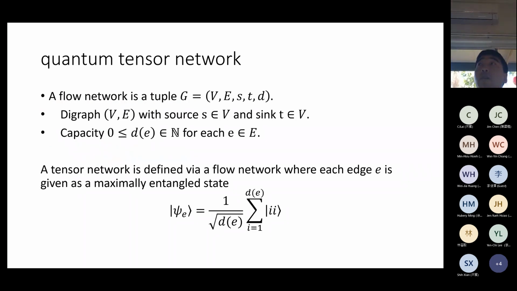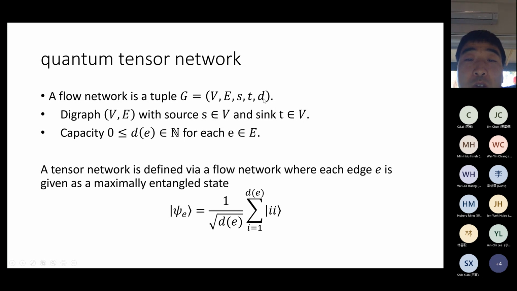And when we study quantum networks or quantum tensor networks, we similarly define a flow network as a tuple G is V, E, S, T, D. So the same as before, we have V and E, a directed graph with source S and sink T. And the capacity DE is greater than 0, but is also an integer.